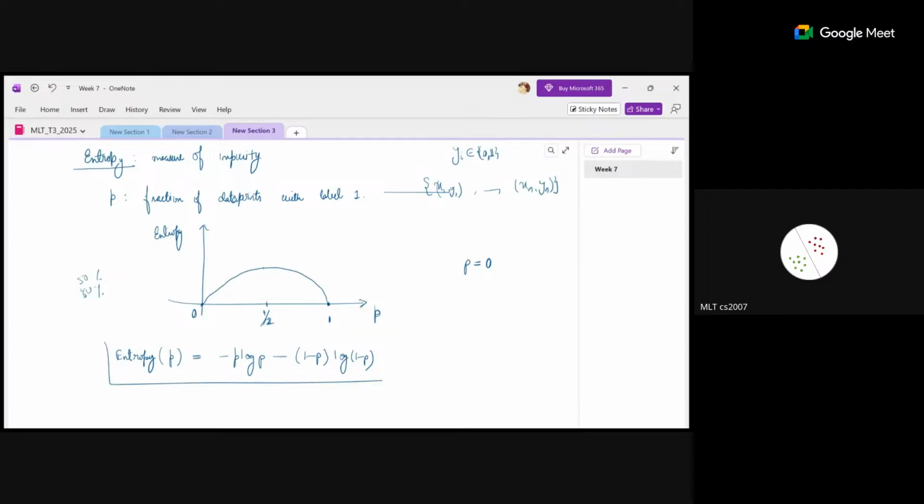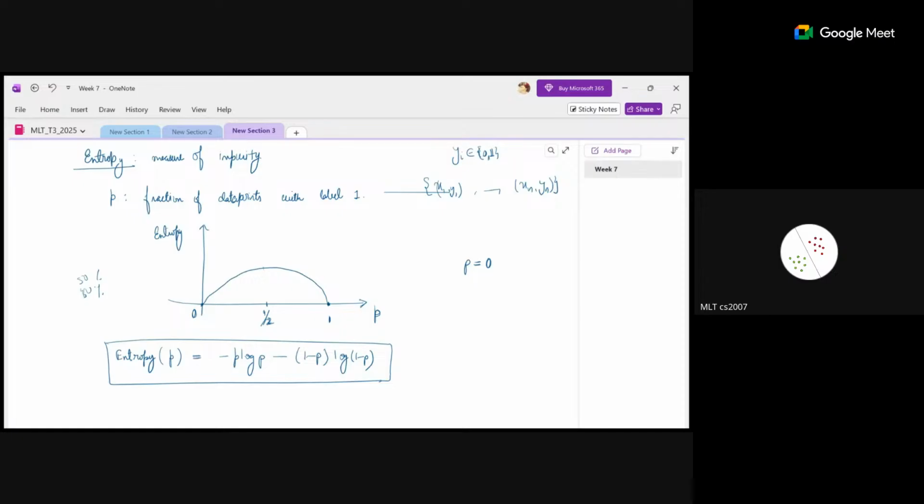So this function that we have defined here is called the entropy, and it gives you a measure of impurity in your data set, or a sense of randomness, to see how pure the labels are, right? So entropy gives us a sense of impurity in the data set.